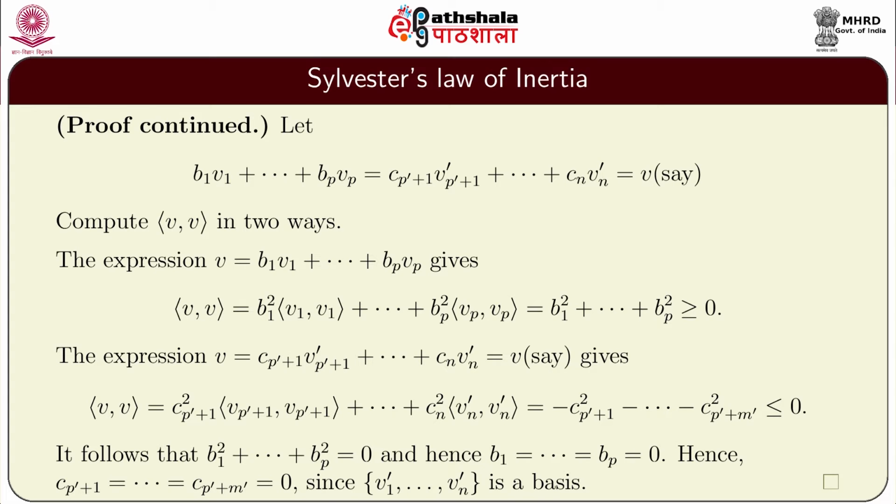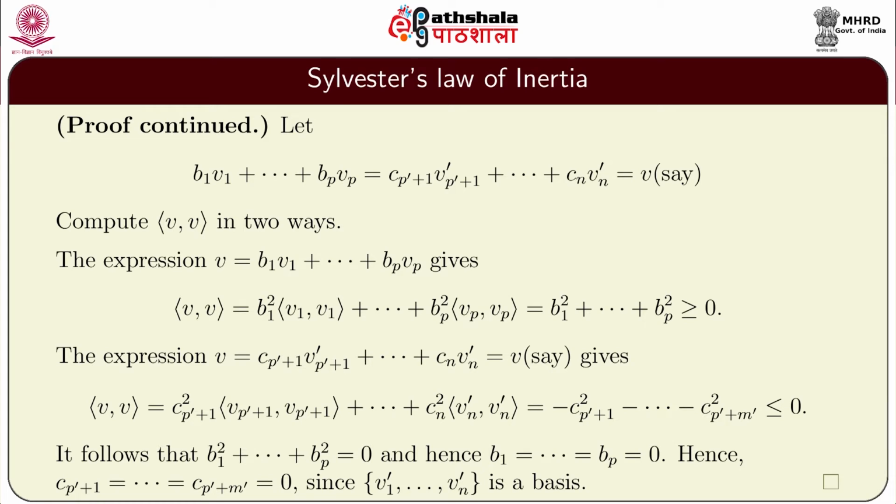You can see that we are arriving at this kind of a basic expression, that b1 v1 and so on up to bp vp minus c_{p'+1} v'_{p'+1} etc. up to minus c_n v_n' is equal to 0.